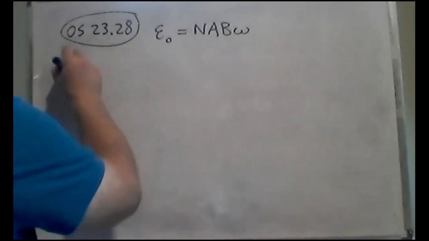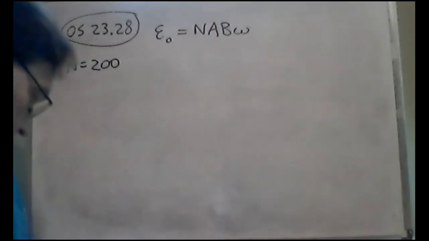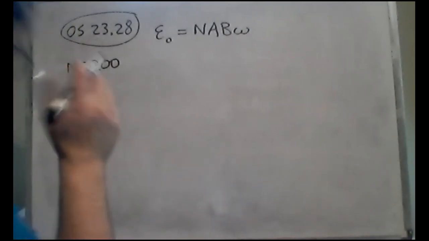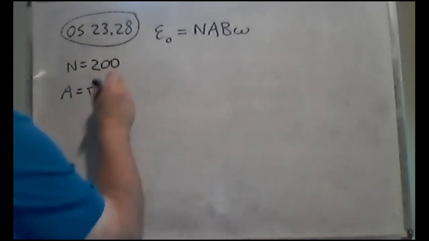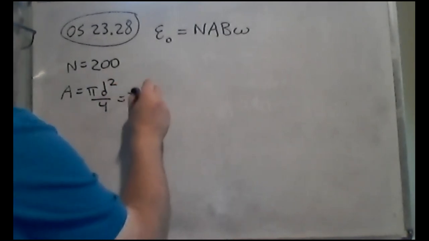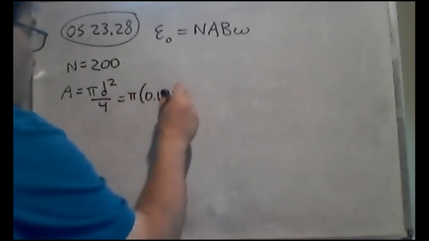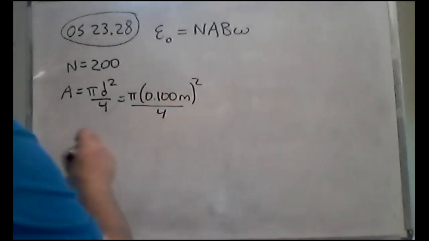So N, they gave that to me as 200. Great, that's done. A, well, I'm saying that there is a diameter of 0.100 meters. So I have to find the area. So the area is pi d squared over 4, area of a circle, pi times 0.100 meters squared over 4.